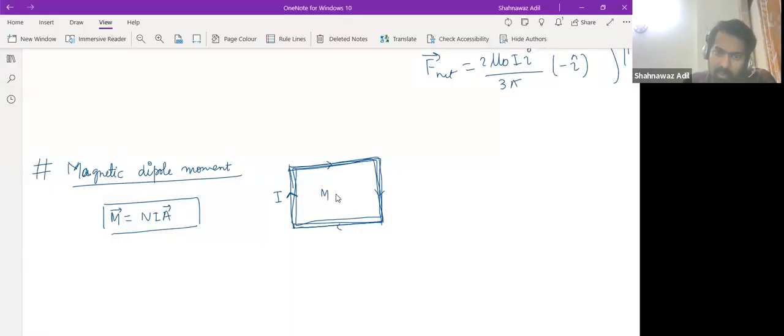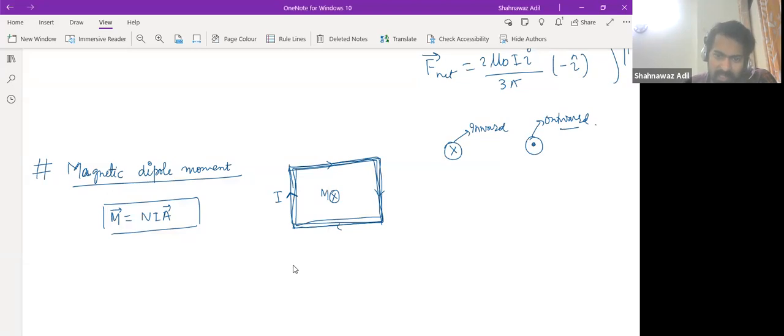So the direction of the magnetic dipole would be a cross, right? We represent the inward direction with a cross, and we represent the outward direction with a dot.